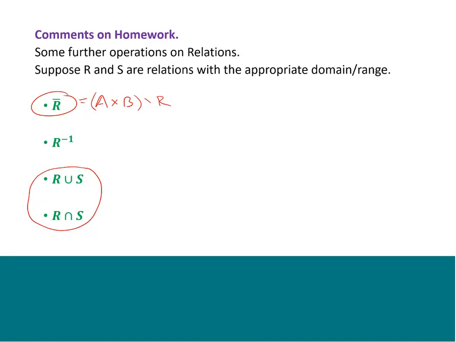Now, any guesses what you would do for either the union or the intersection? And since your mics are muted, you'll need to respond if you have an idea via the chat. Don't overthink it. Anybody got a guess of how you compute R union S or R intersect S?